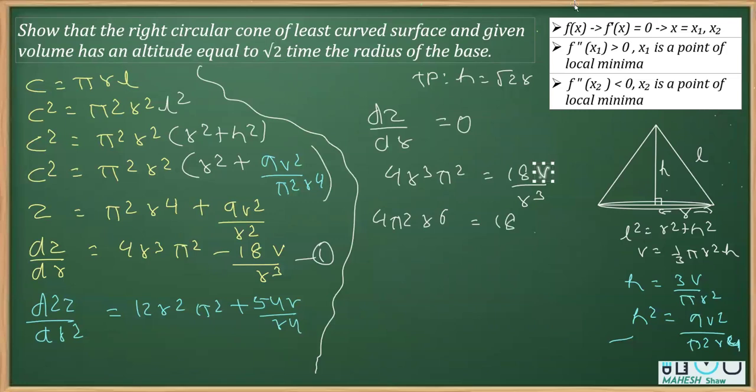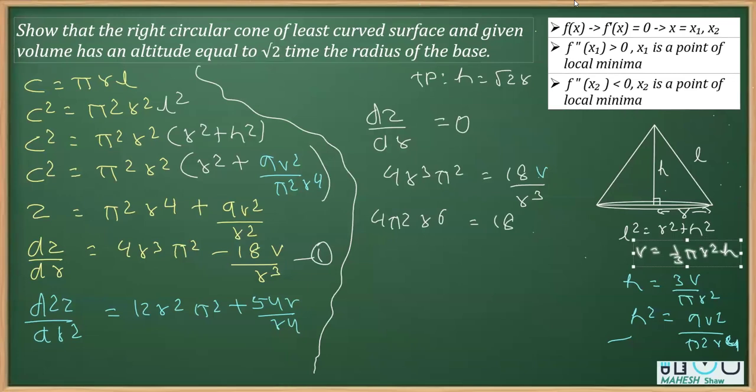This v, again, I'm replacing with this volume formula. The volume formula is this. So I can write this as 18 and the v is replaced with 1 by 3 pi r square h. That's the v here, right?